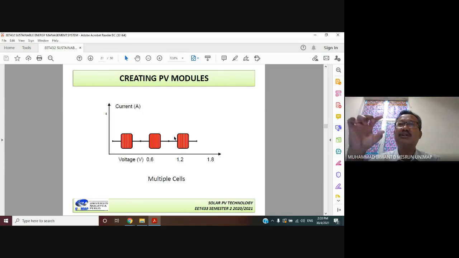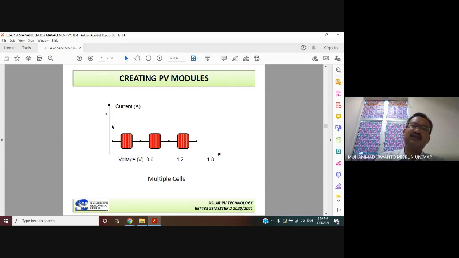How about the ampere hours? The Ah remains the same. The condition of the battery can be applied to the condition of PV cell or PV module connection.